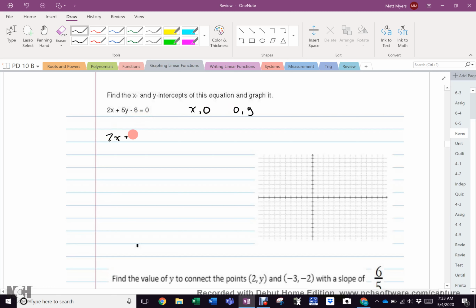X equals 4. Okay, and then you do the y. 2 times 0 plus 5y minus 8 equals 0. 5y equals 8. Y equals 8/5.